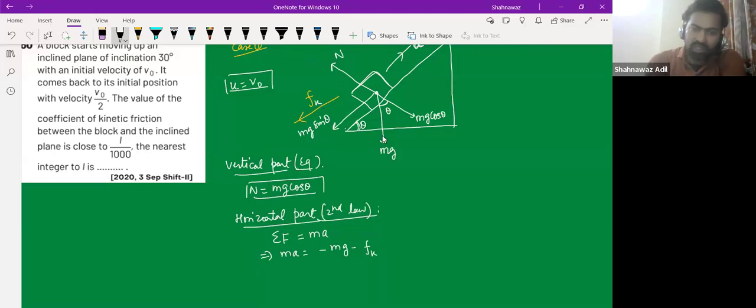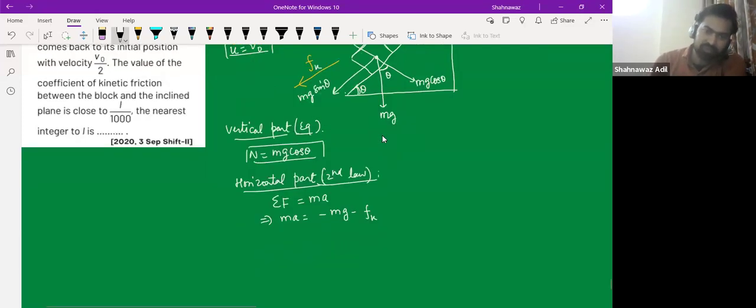So MA is minus F, yes, absolutely correct, Maria. Kinetic friction is mu k N. N is mg cos theta. So mg cos theta; M and M cancel.